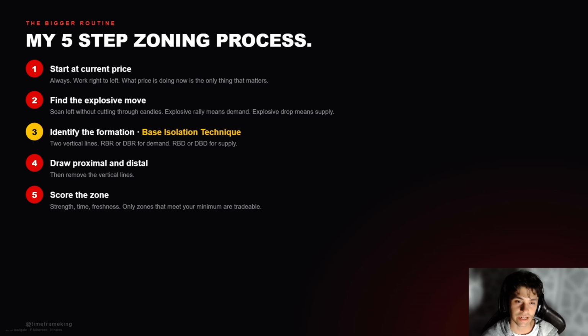Identify the formation. That's base isolation. That's what we just did. 4. Draw proximal and distal and then remove the vertical lines. 5. Score the zone. Strength, time, freshness. Only take the trades that meet your minimum worth. Okay? And pause and screenshot that. That's my whole morning routine there.